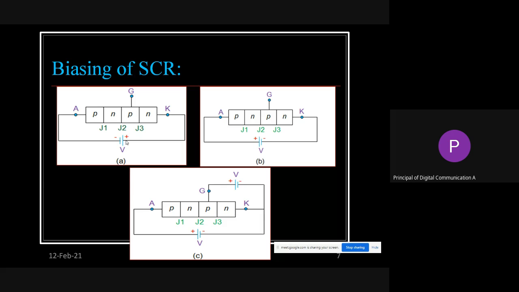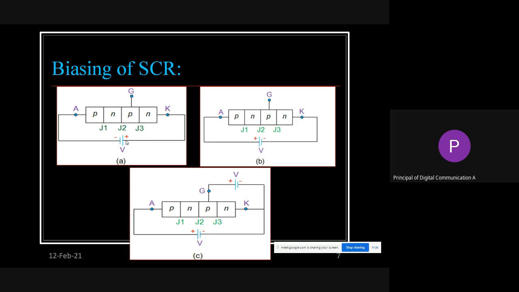If you go to figure B, the opposite case is there. The anode is connected to the positive of the battery and the cathode is connected to the negative of the battery. That means the forward blocking mode. So why forward blocking mode?